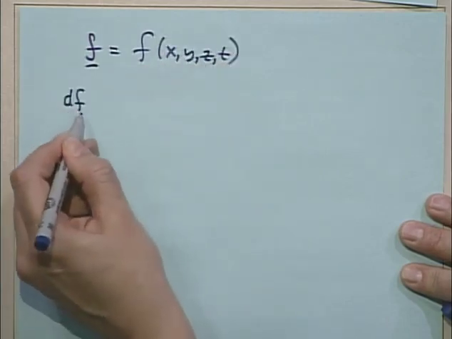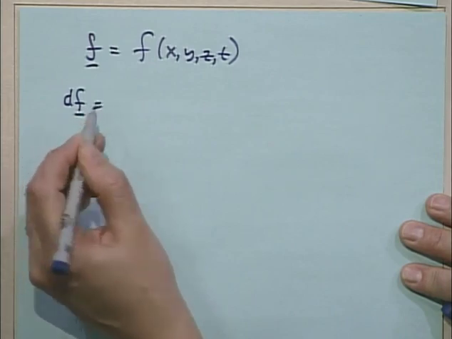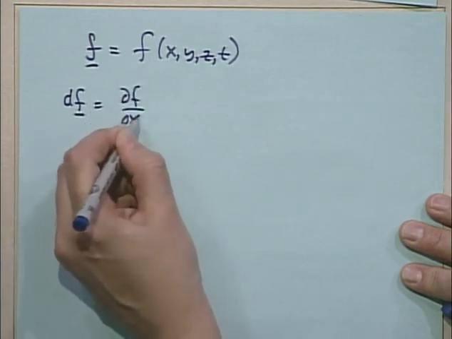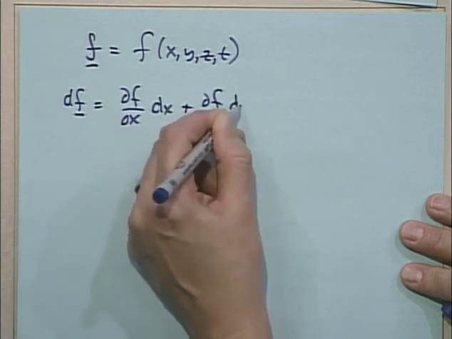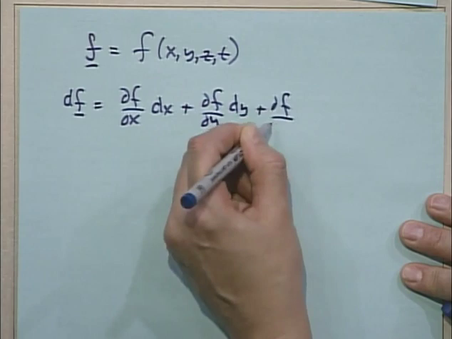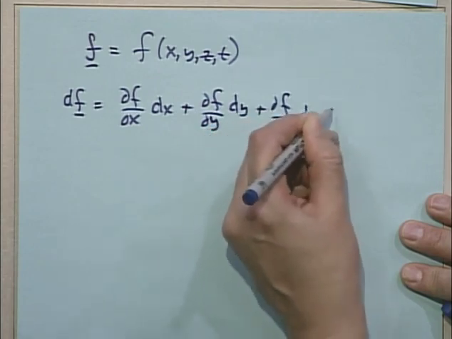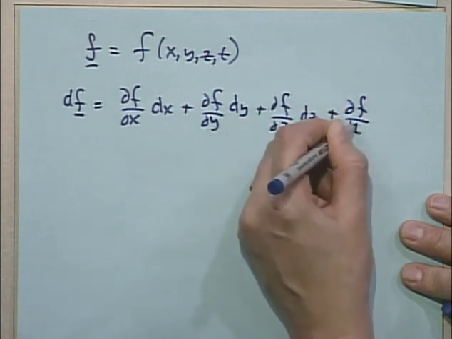And df, I've written all this before, is equal to partial f with respect to x dx plus partial f with respect to y dy plus partial f with respect to z dz plus partial f with respect to t dt.